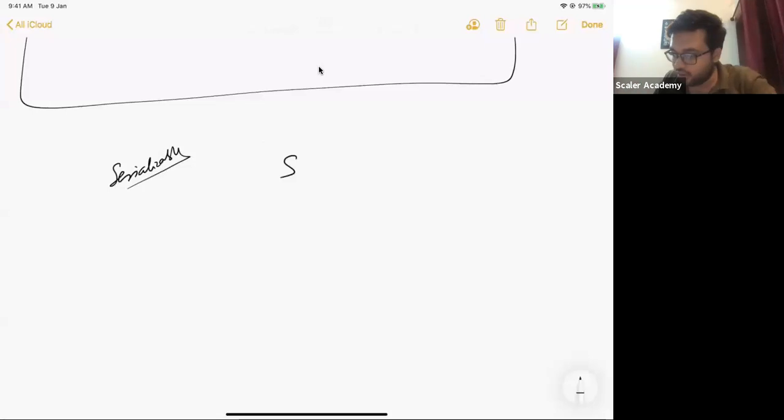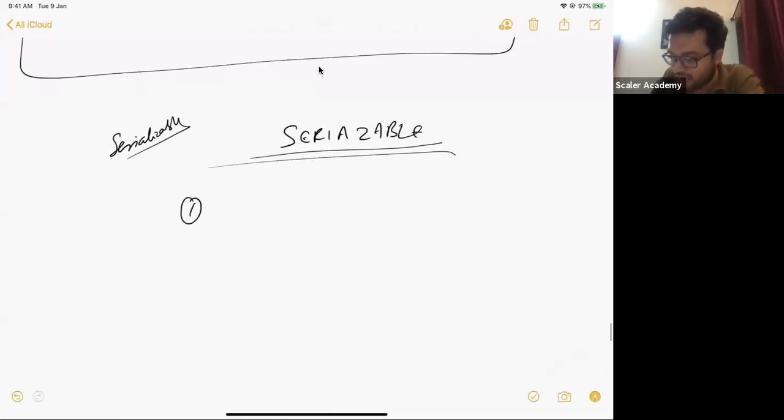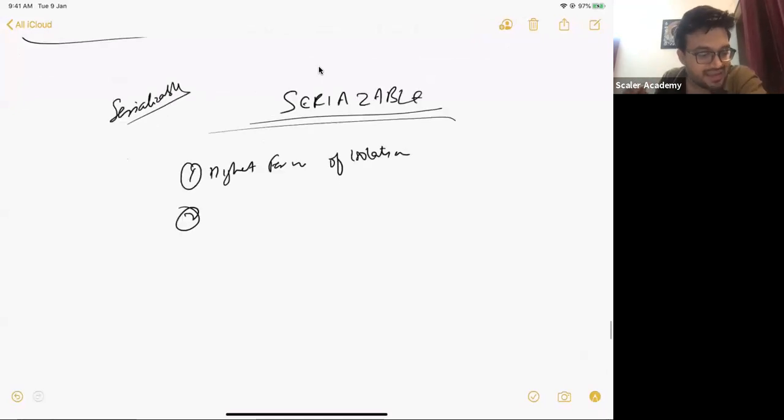So what we are going to do is discuss the last isolation level that we want to discuss, that is called serializable. Now what does serializable mean? This is in fact the highest form of isolation. And what guarantees does it give you? The guarantee is that the transactions would only be executed in an order which is serializable.